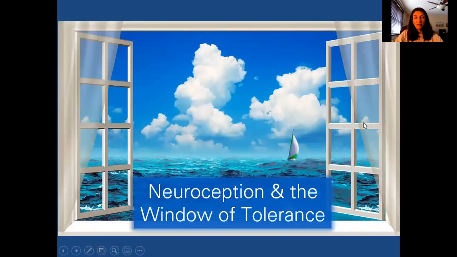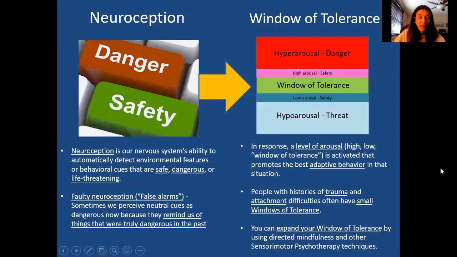Okay, so next, two more big vocabulary words, neuroception and the window of tolerance. All right, so I'm going to define these for you here. So neuroception basically means how our brains, neuro, right, perceive safety or danger.